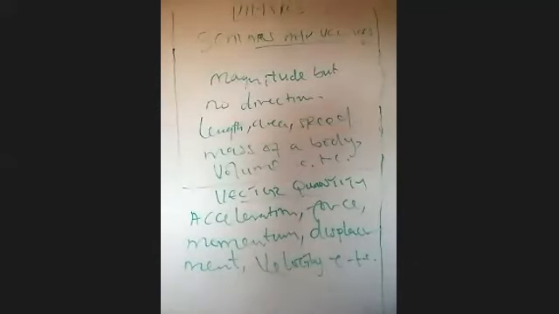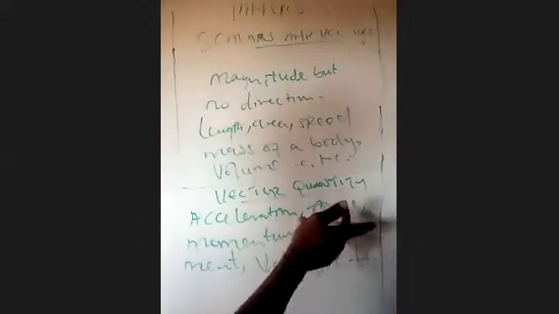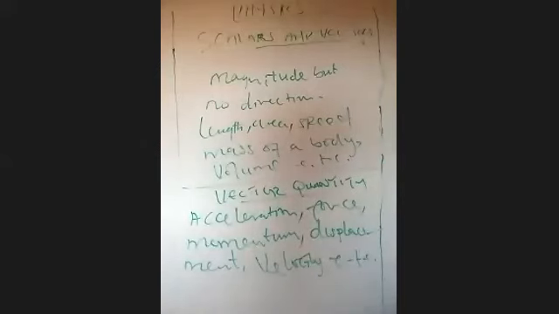They have both magnitude and direction. A body can accelerate at a distance following a direction, so it has a magnitude and it also has a direction. The same applies to force, momentum, displacement, and velocity of the body.